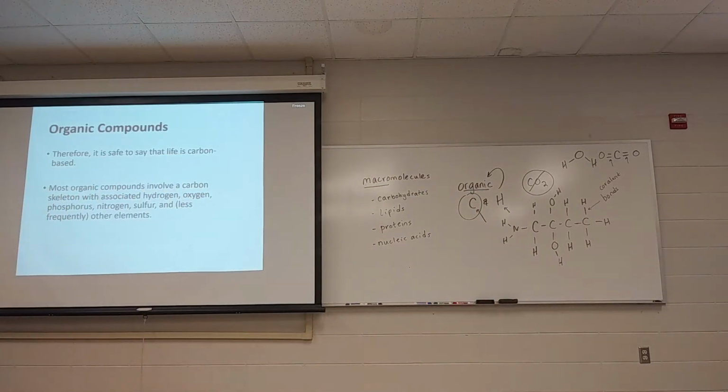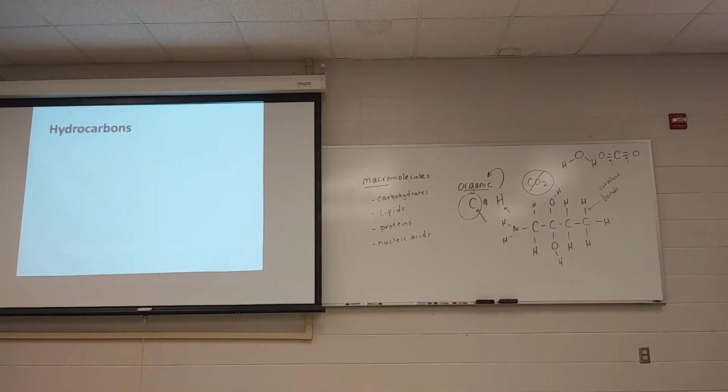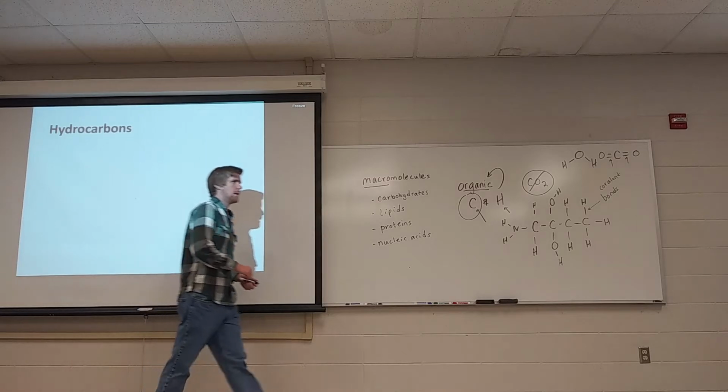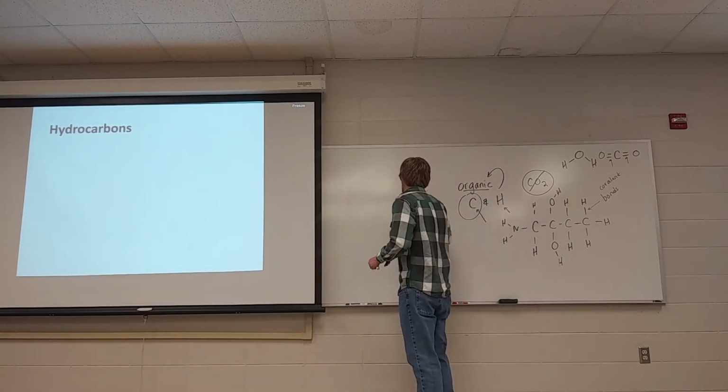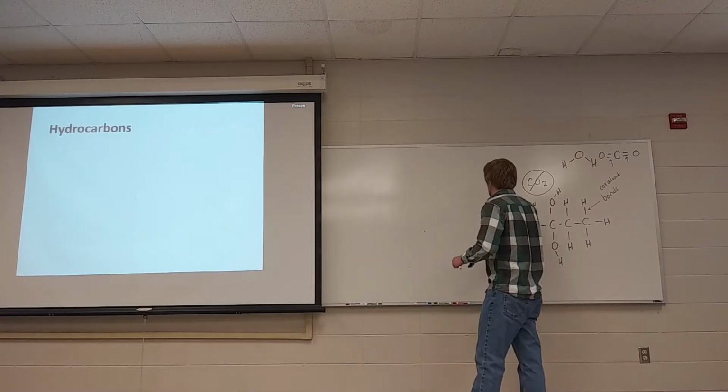So those are organic, that is the definition of an organic compound. Let's look at one class of organic compound that you don't see very much, called the hydrocarbons. It's, as the name would imply, hydrogen and carbon are involved. But this is an exclusive group.